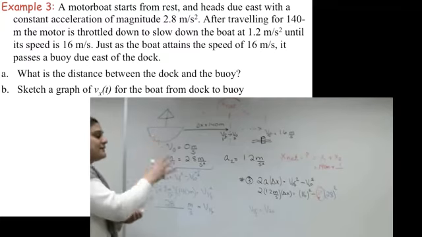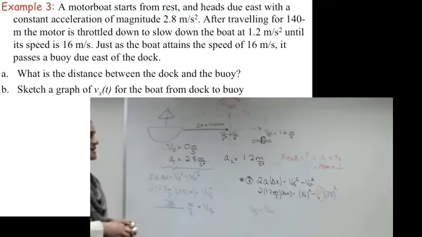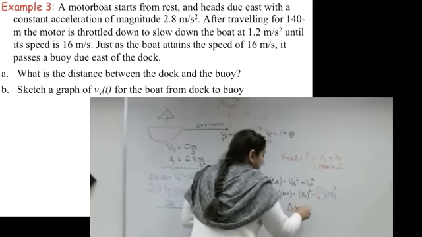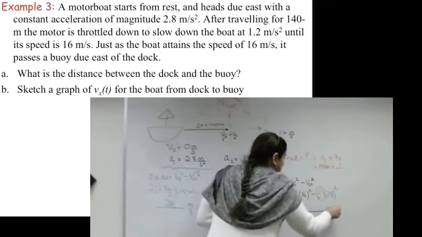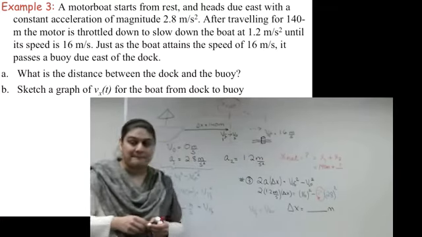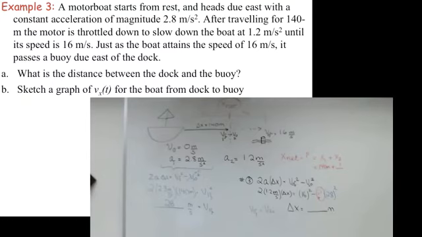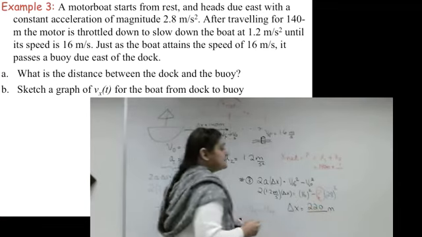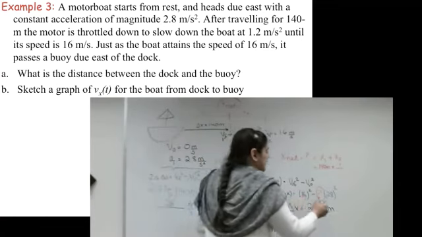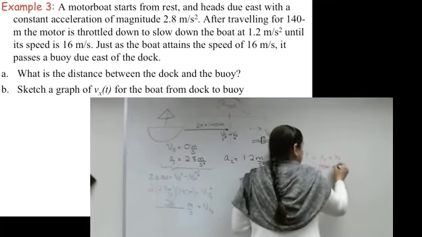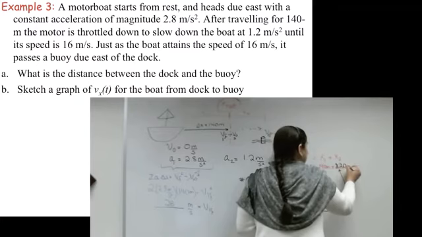Now I have all of the things that I need except for delta X. I can plug numbers into the calculator and I'll come up with delta X. Please go ahead, plug numbers in, come up with delta X. I get 220 meters, which I can plug in here.